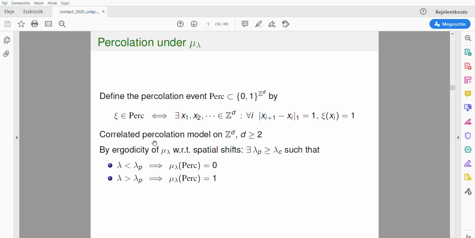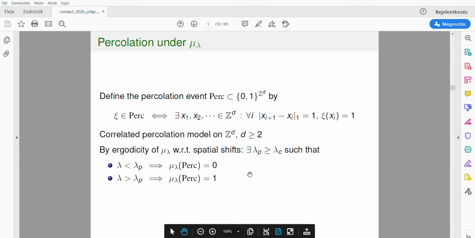Namely, if there is an event, like the percolation event, which is invariant under spatial shifts, then the probability of this event under the upper invariant measure has to be equal to 0 or 1.